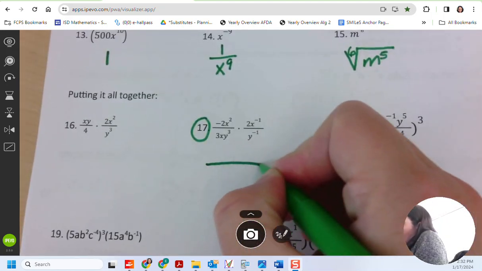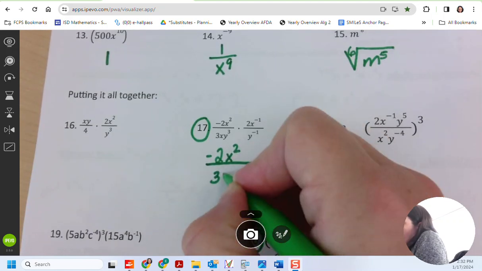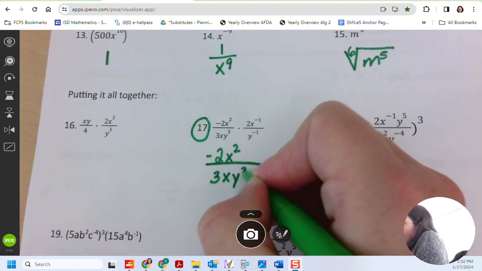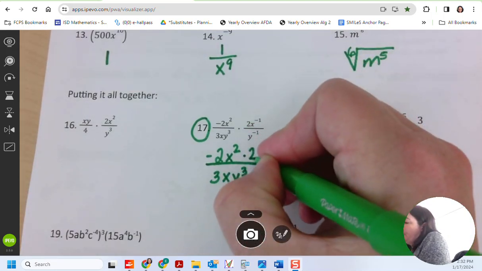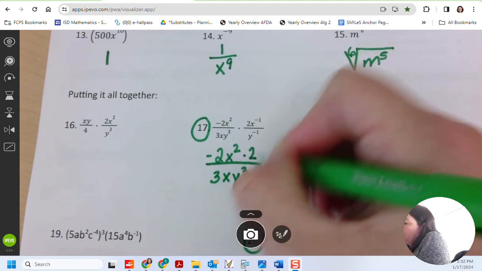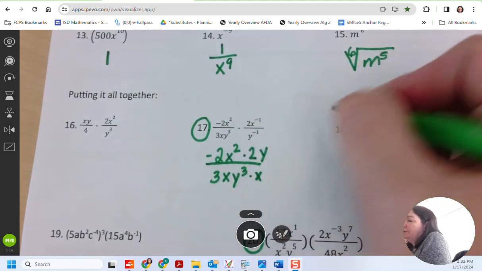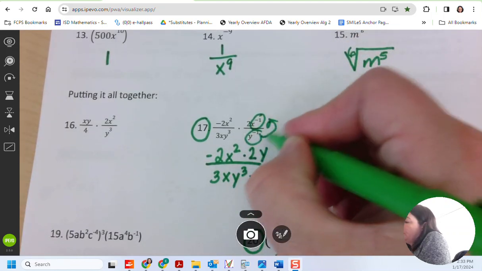And actually, I'm going to make one big fraction out of it. Negative 2x squared, 3x, y to the 3. The 2 will stay up here, but the x will go down here, and the y will go up here. So notice, because they have negative exponents, they're going to switch.